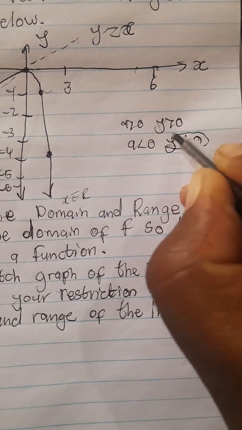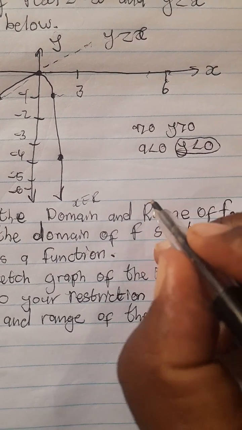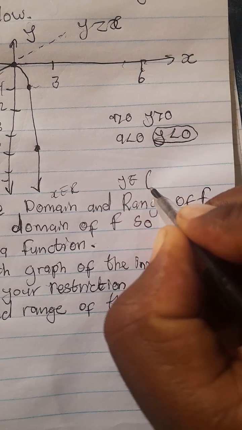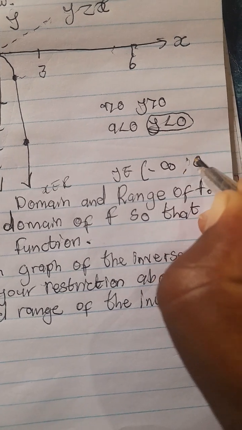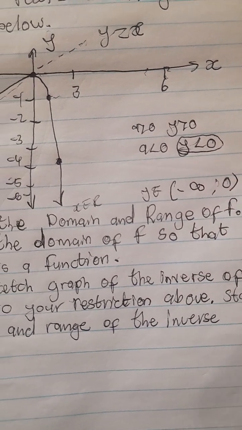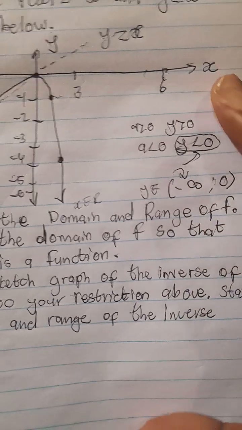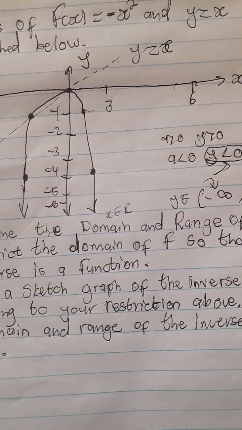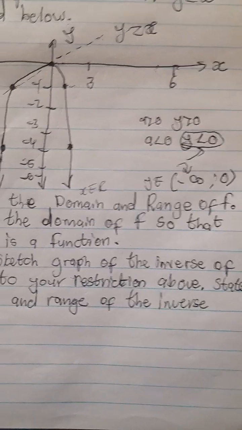So in this case, your range will be y less than 0, or you can write it as y is an element of negative infinity to 0. You can write it in this manner or that manner. That is determining the domain and the range of f.